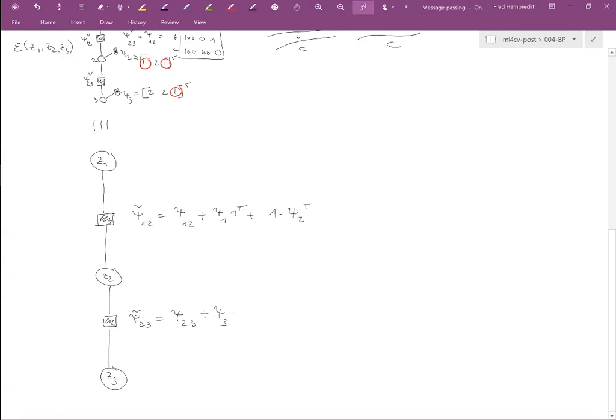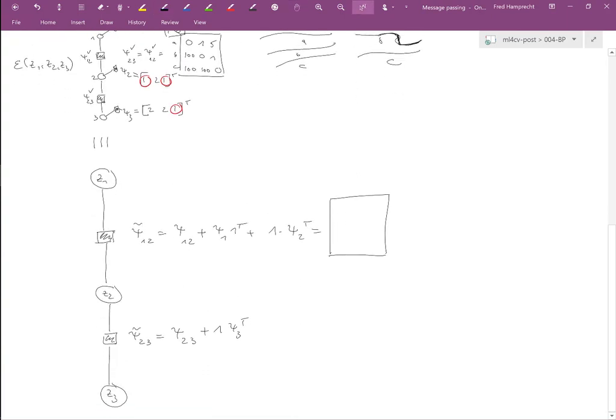And similarly here, I have 1 psi3 transpose. Okay, so let's do this for real.